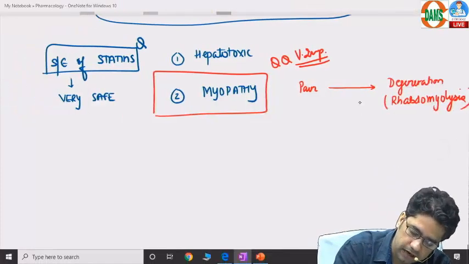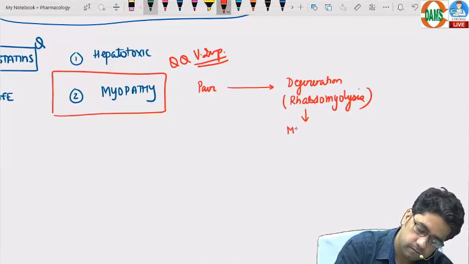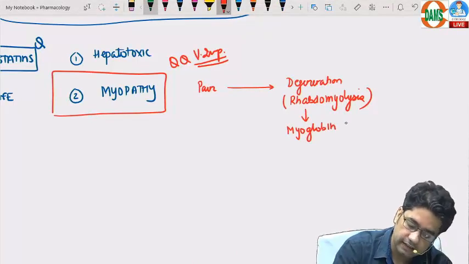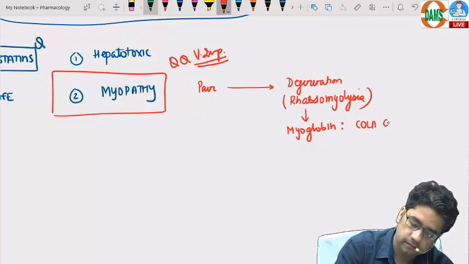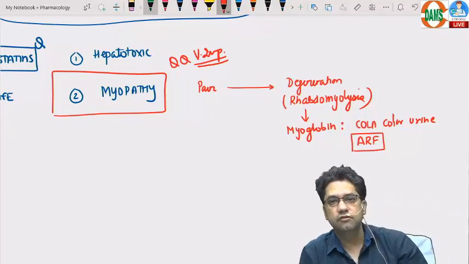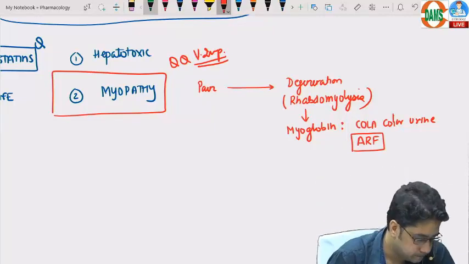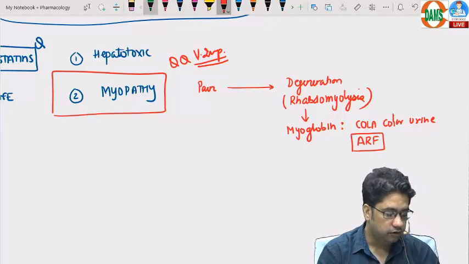Because in rhabdomyolysis, there is myoglobin which comes into the blood, and this myoglobin causes cola colored urine. And when this myoglobin goes out through the kidney, it causes kidney damage and the patient may die because of acute renal failure.